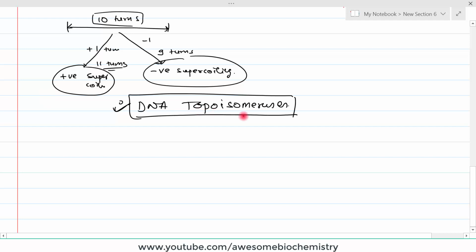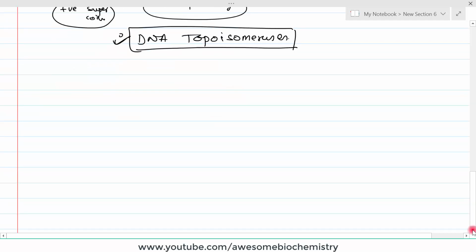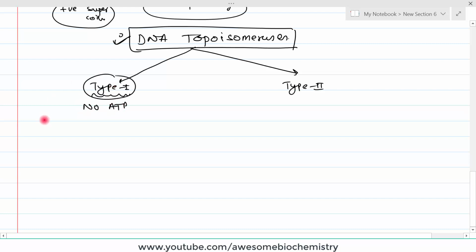So let's study DNA topoisomerases first, then we will talk about DNA replication further. DNA topoisomerases are basically of two types: type 1 and type 2. The type 1 DNA topoisomerases don't require ATP. For the type 2 topoisomerases, ATP is required, they require energy.